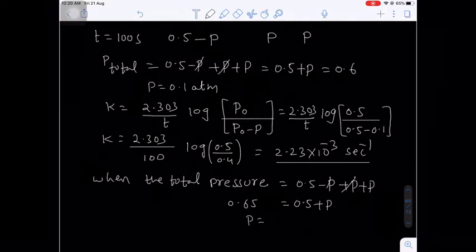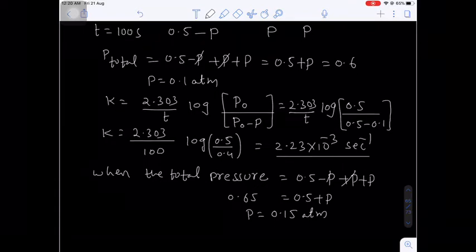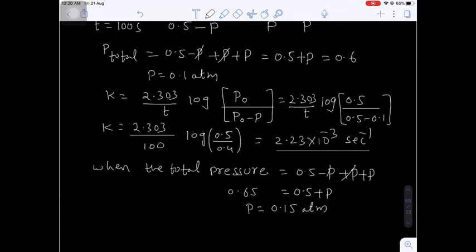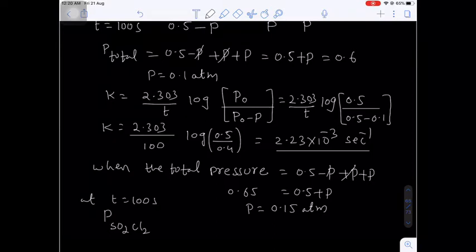From here the P value will be 0.15 atm. Are you getting my point? That means the partial pressure of SO2Cl2 at 100 seconds will be P0 minus P.